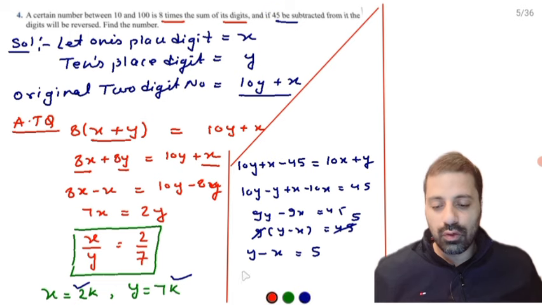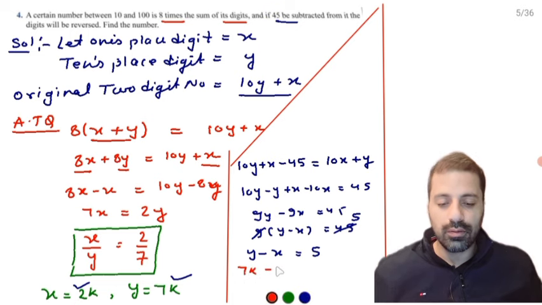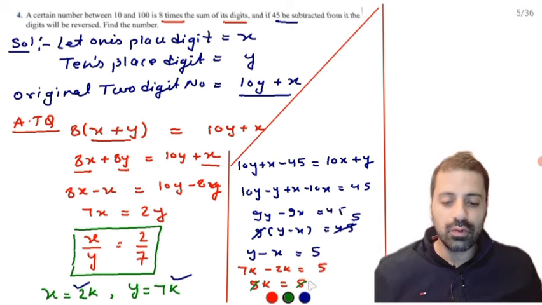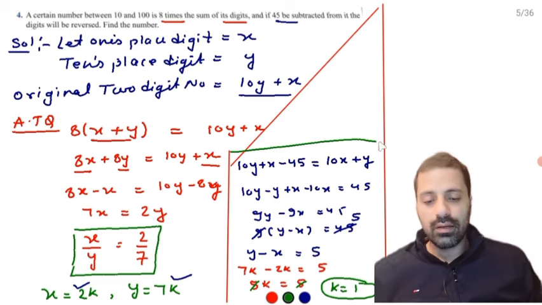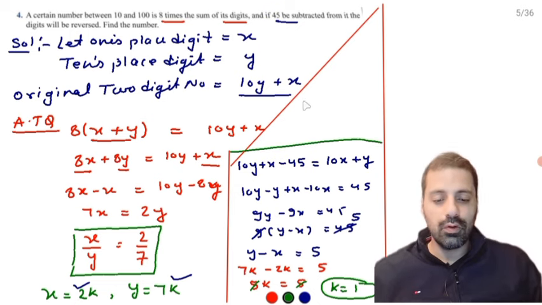Now put the values of x and y from here. So 7k minus 2k is equal to 5, their difference is 5k equal to 5, and 5 goes into 5 one time. So k will be 1. Now what do we have to find? We have to find the 2-digit number.